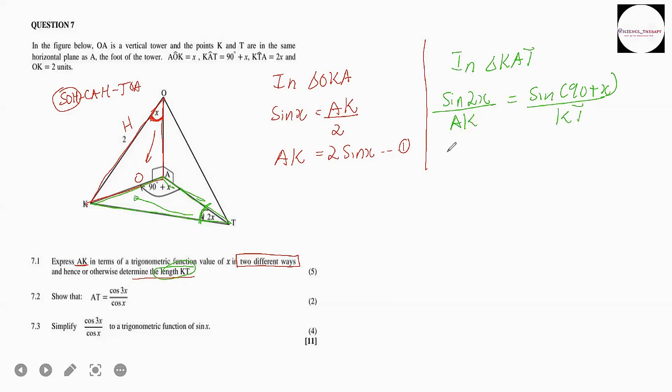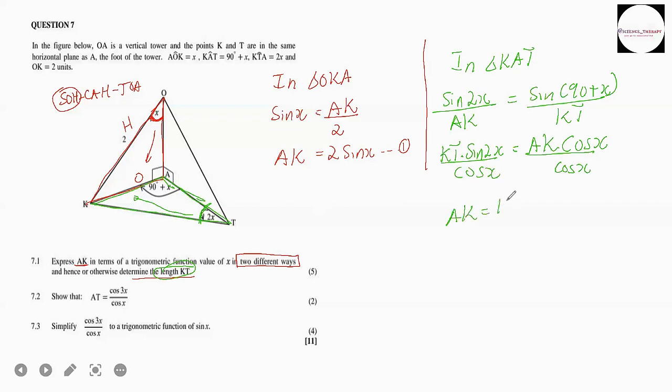If we cross multiply, KT multiplied by sine 2X is equal to AK, but remember, this is a cofunction, so it changes to cos X. But we are supposed to make AK the subject of the formula, so we divide both sides by this cos X.